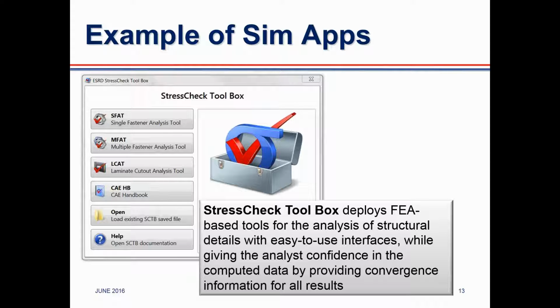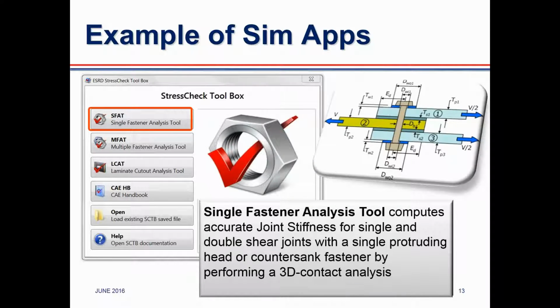Just to give you a couple of brief comments about some of the tools, the single fastener analysis tool computes accurate joint stiffness for applications in global analysis, where this information is fed to the loss model.